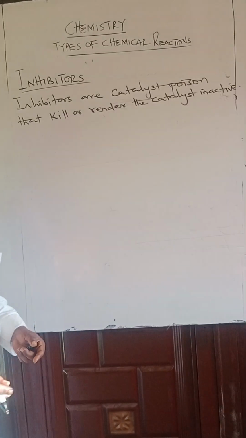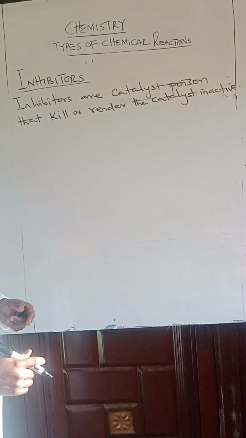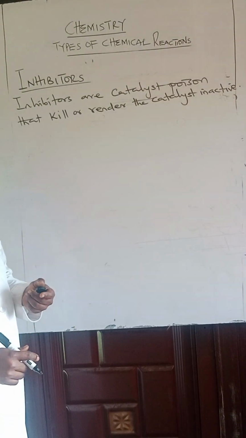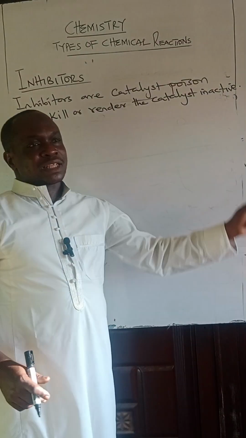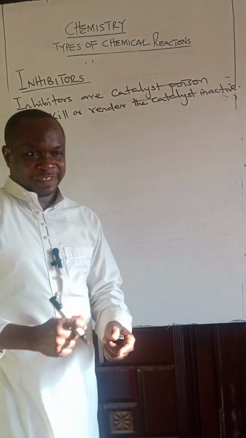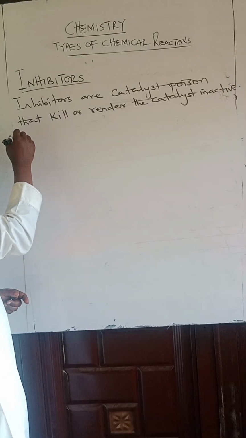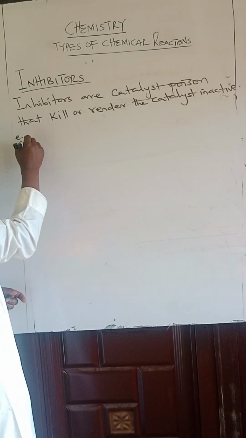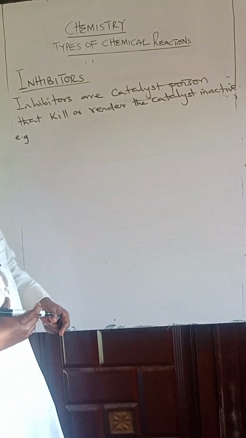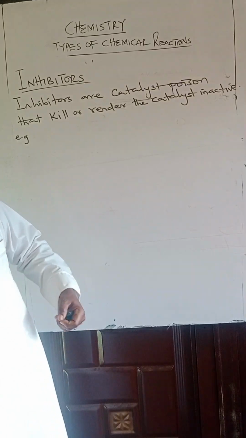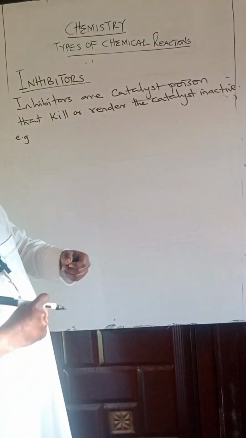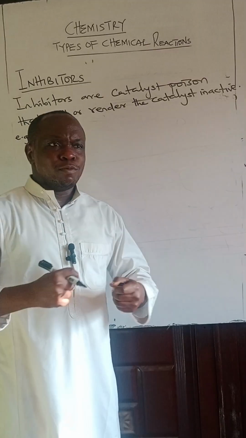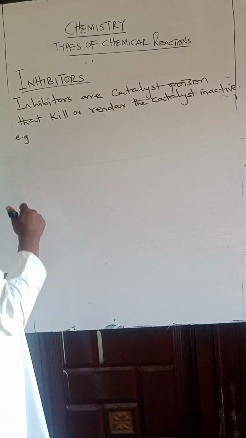They make them inactive. They are called inhibitors or catalyst poisons. For example, let's see the following in the body. They lower the activities of, or they render inactive, some enzymes in the human body.